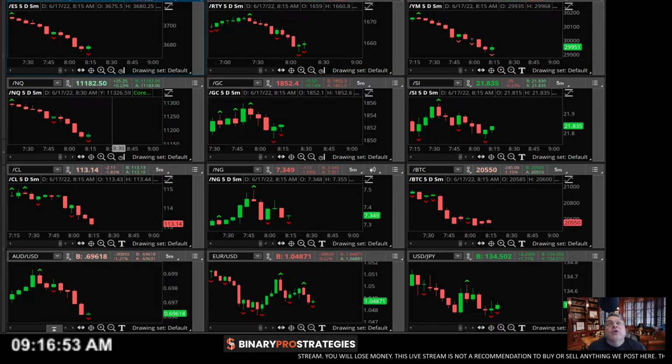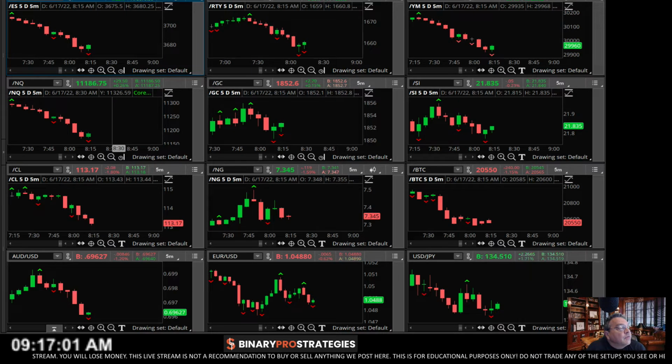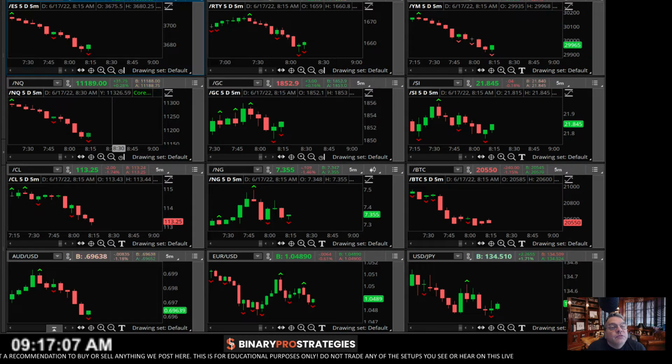Right now, it looks like we are going to get a higher opening on the Dow, but I wouldn't be surprised to see it turn around and start going south after we open up. So we just have to wait and see. Looking at our stock scanner, we do have a lot of short setups coming in this morning. Typically that means it's going to be a down day.